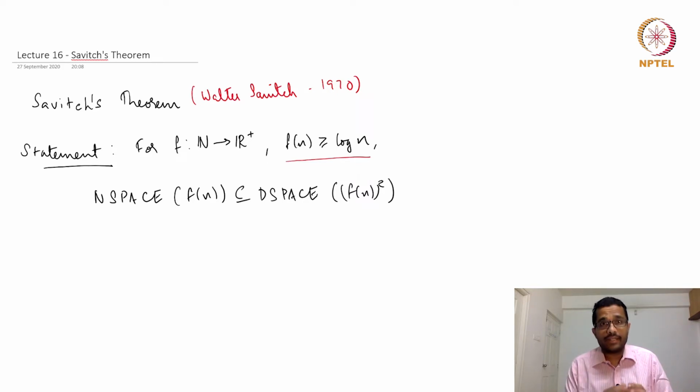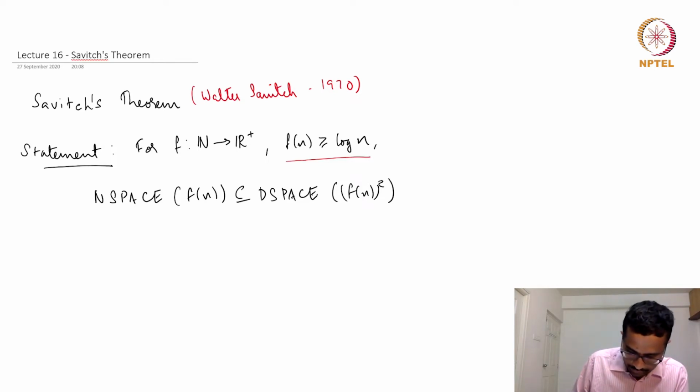But in the case of space, if a language can be decided in non-deterministic polynomial space, or non-deterministic space f(n), then it can be decided in deterministic space f(n) squared. In that sense it's a bit of a surprise. So this is one place where we see the differences between space-bounded complexity and time-bounded complexity.